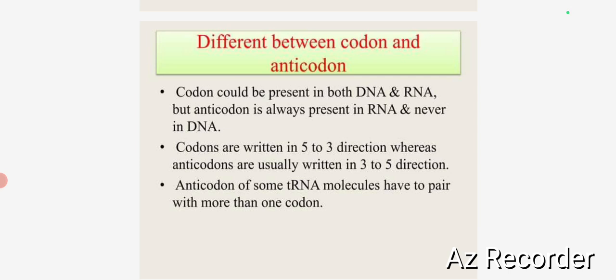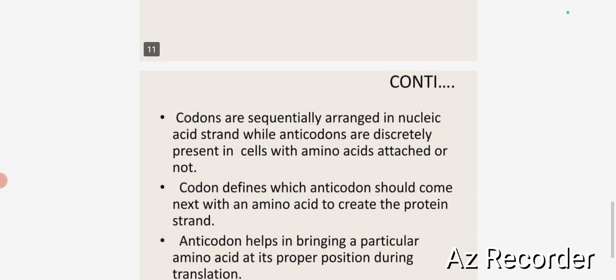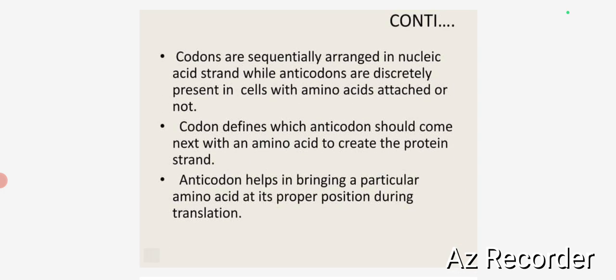The anticodon of some tRNA molecules can pair with more than one codon. Codons are sequentially arranged in the nucleic acid strand, while anticodons are discretely present in cells with amino acid attached or not.